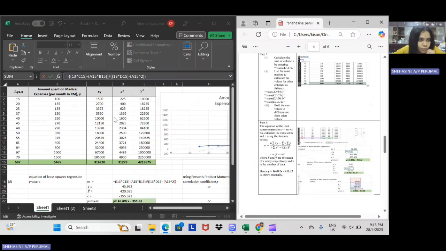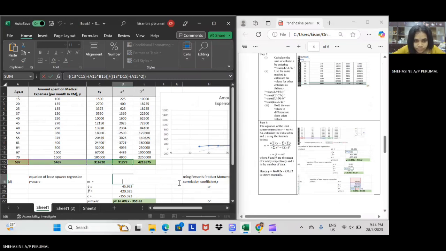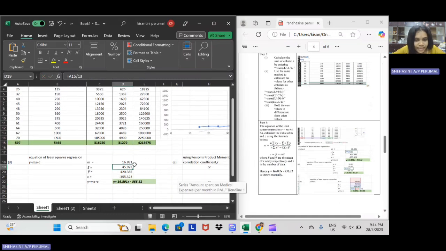So you need to take x 597 kuasa 2. So you will get this answer, 16891.